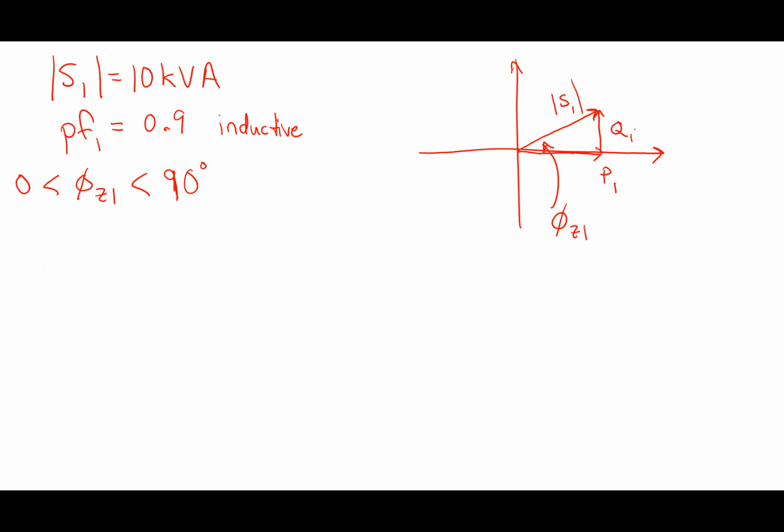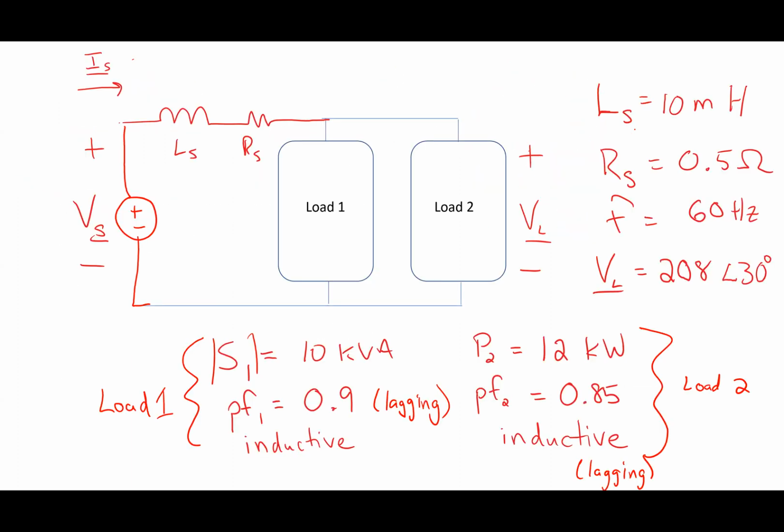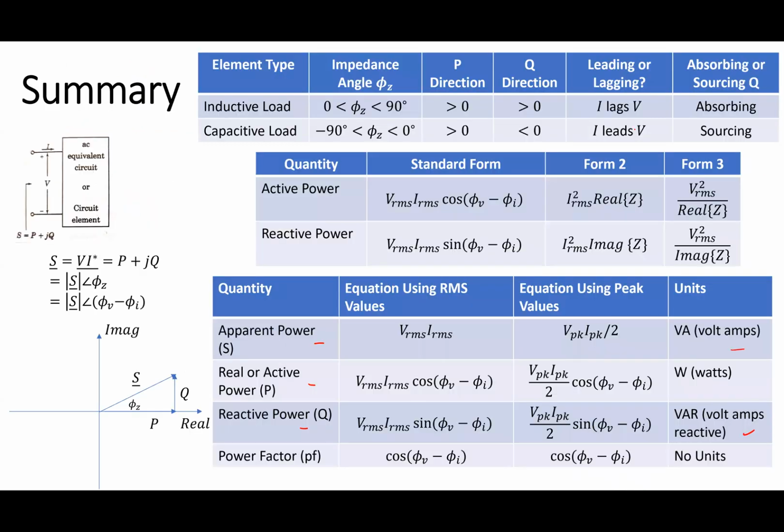Power factor is equal to real power over apparent power. So what I would do is go back to those formulas. Basically, in my formulas here, real power is VRMS IRMS times cosine of this thing, and power factor is cosine of phi z.